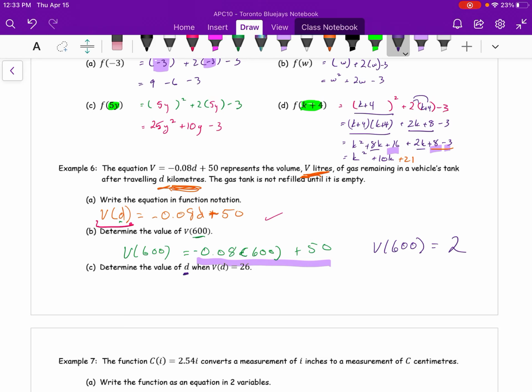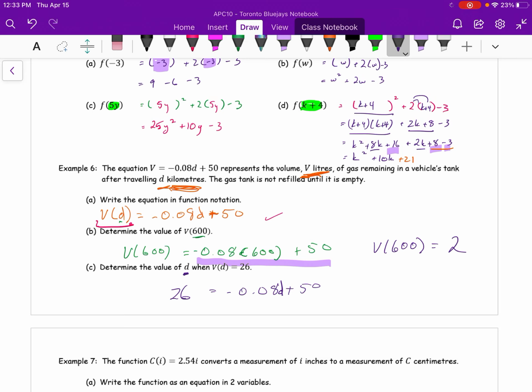So determine the distance, like when I say determine the value of d, and if I'm looking at example 6, that is distance, when v of d is equal to 26. In other words, my volume is 26. What distance have I driven? So I'm just going to equate 26 is equal to negative 0.08d plus 50. I'm going to take it from there.